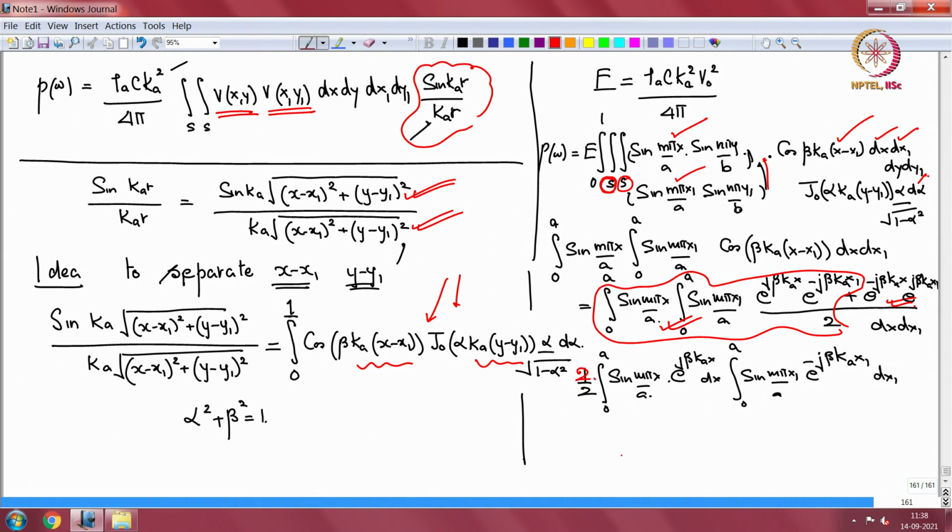If you carry out this integral, what do you get? You will get 4.